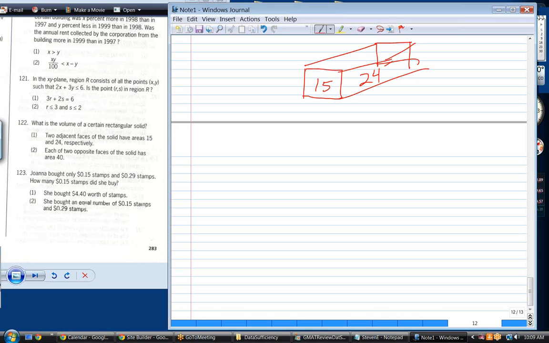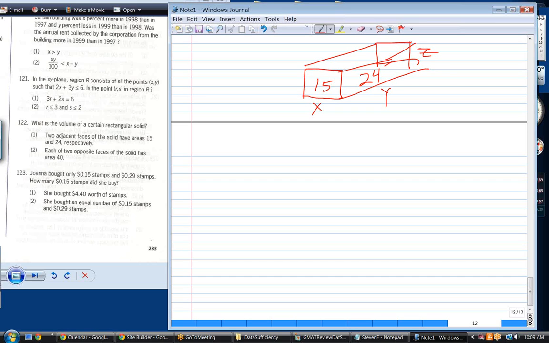They obviously share a height, so that's one less thing to figure out. But they differ in length for the 24 area, and width for the 15. We don't know the height, length, or width, but we know they share the height. So h times L equals 24, and h times W equals 15.